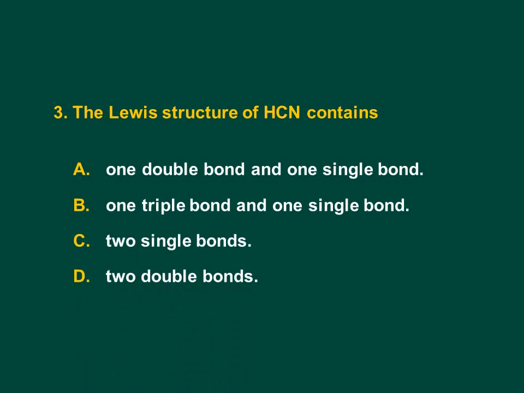What's the Lewis structure of HCN? As you can see in the figure, H with C with a single bond and C with N with a triple bond. So the correct choice is one triple bond and one single bond.